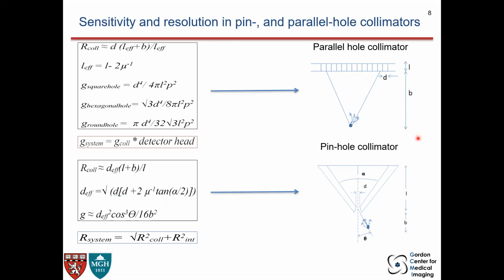For parallel hole, the closer you get, your resolution is better, but the chance of collecting more gamma ray counts is smaller. And again, these are based on these formulations. We can play with these formulas later, plug in a couple of numbers here and there, and see for yourself how the sensitivity is going to change.